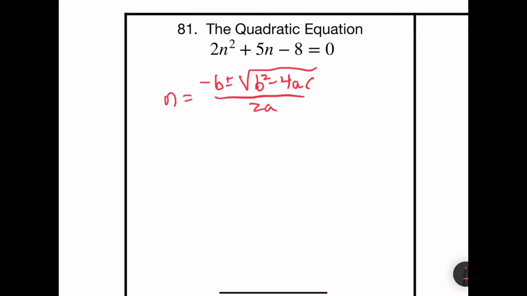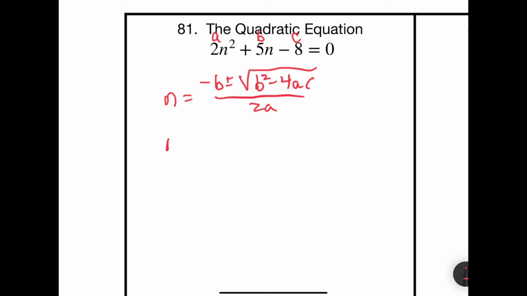So where do the a, b's, and c's come from? Well, they're the coefficients in the original equation. A is 2, b is 5, and c is negative 8. So all we have to do is substitute and simplify.